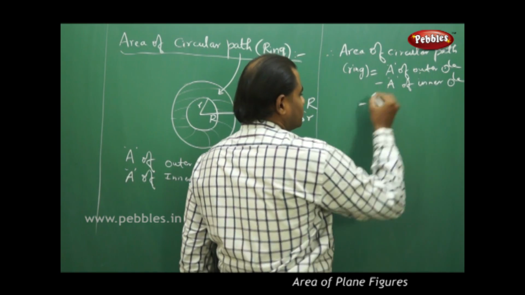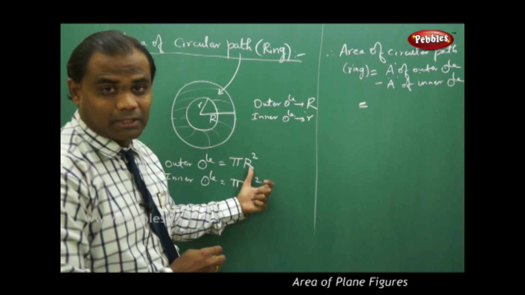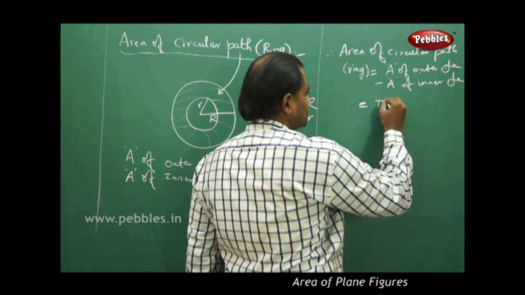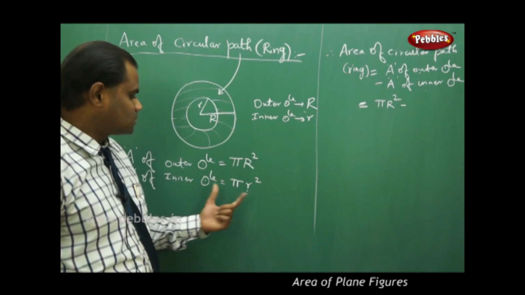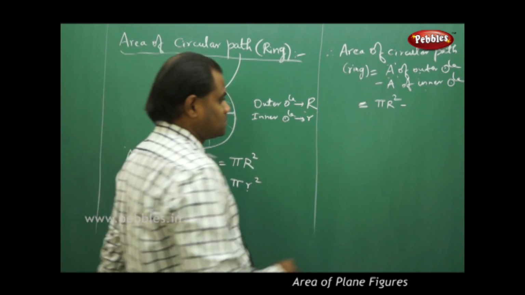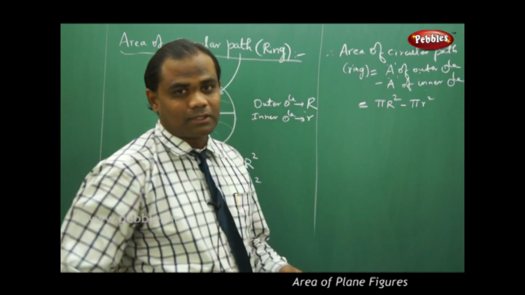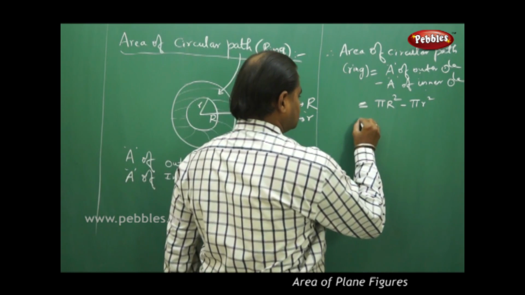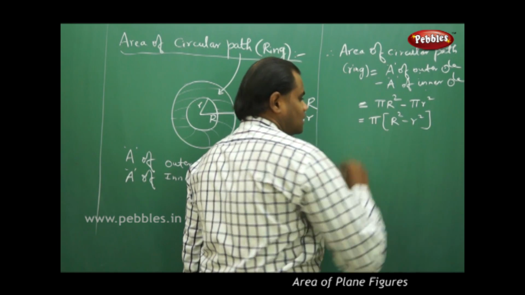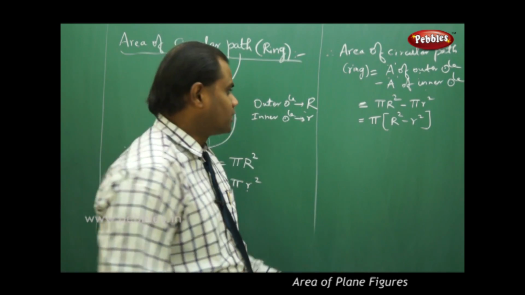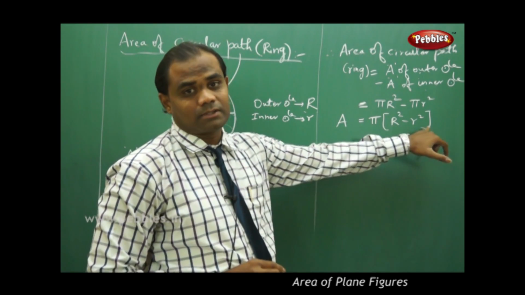So therefore, as we already calculated, for the outer circle the area is pi R square with capital R, substituting in place of the first area, pi R square, minus the area of the inner circle, which is calculated to be pi r square with the smaller radius. Then on further simplification, I get pi times R square minus r square. Therefore, the area of the required circular path is pi times R square minus r square.